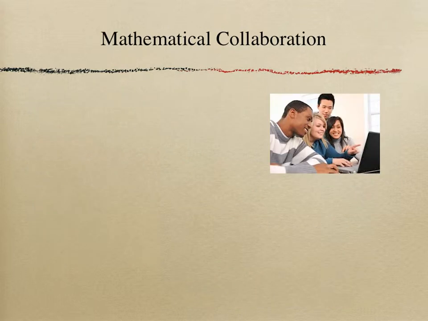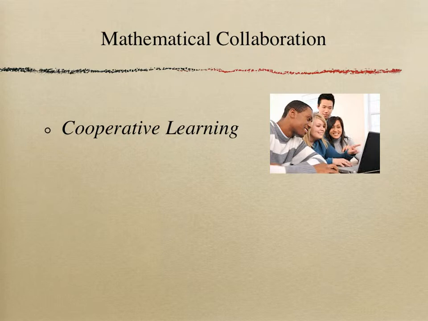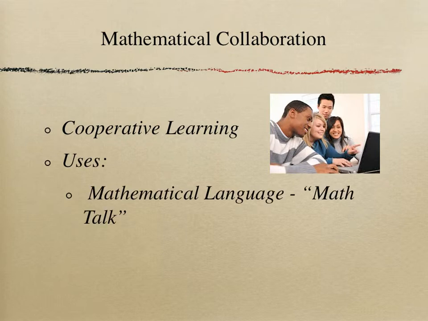So mathematical collaboration. It also means cooperative learning, and this is when we have students working together for a common goal. And in cooperative learning, we encourage our students to use mathematical language. We want our students to think and talk like mathematicians.